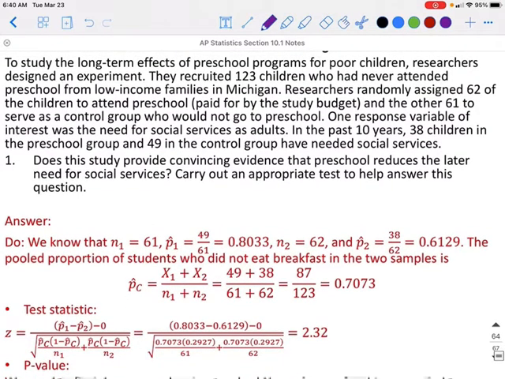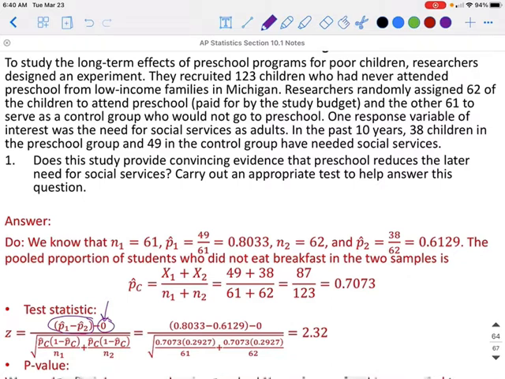Next, we're going to do our test statistic. So our z-value is going to be p hat 1 minus p hat 2 minus 0. Again, this is minus 0 because that's what our hypothesis was. So this is your statistic minus the parameter. And the parameter we got from our null hypothesis is that p1 minus p2 equals 0.